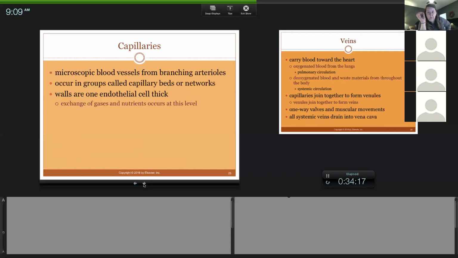Those are always one cell thick because, what is happening? There is exchange of gases, and there can be exchange of nutrients. So that is where the blood will give oxygen and nutrients to the tissues, and where it will diffuse wastes. A capillary is always the most terminal branch of a vessel. I'm going to come back to that.